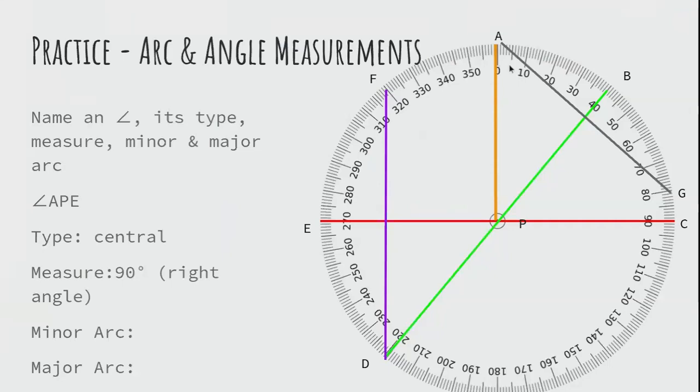So we're talking A, P, E. So remember, minor arc, between greater than 0, but less than 180 degrees. So what's the minor arc associated with angle APE? And what is the major arc associated with angle APE?